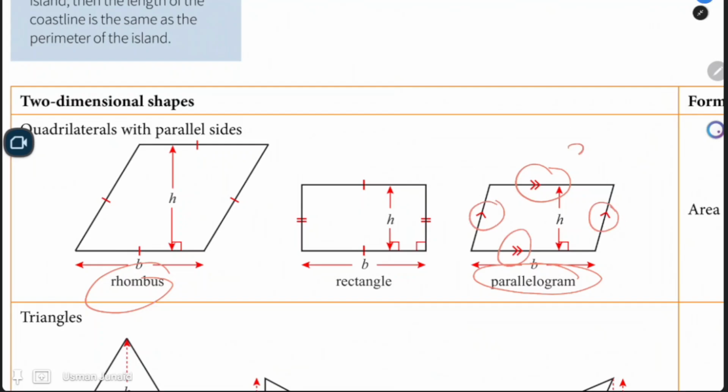So you can say there are two pairs of equal sides. Two pairs, because there is one pair and then there is the other pair, right? And if you're talking about rhombus, all sides are equal, right?